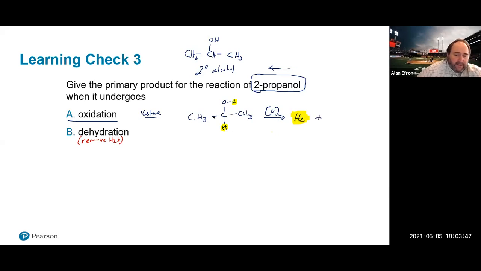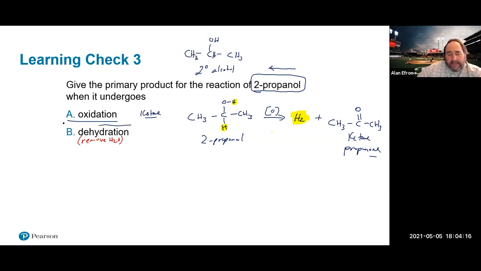And again, nothing else here changes except that we hopefully know at this point we need to make a double bond there between these two guys to basically get to our ketone. We go from 2-propanol to propanone, O-N-E, right? Ketone. Any questions on that one?